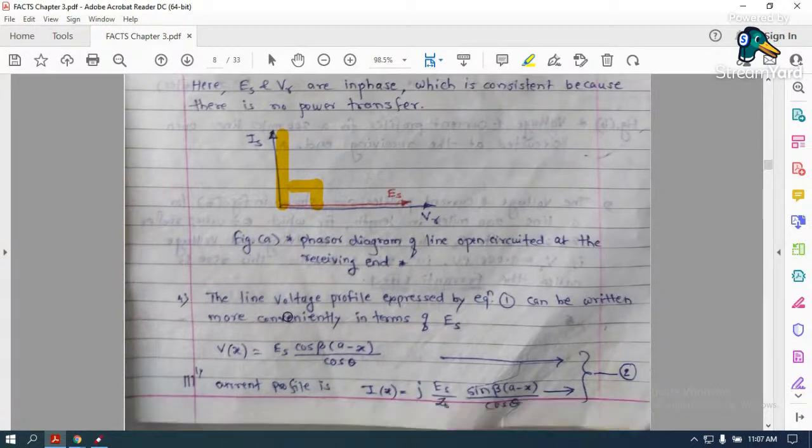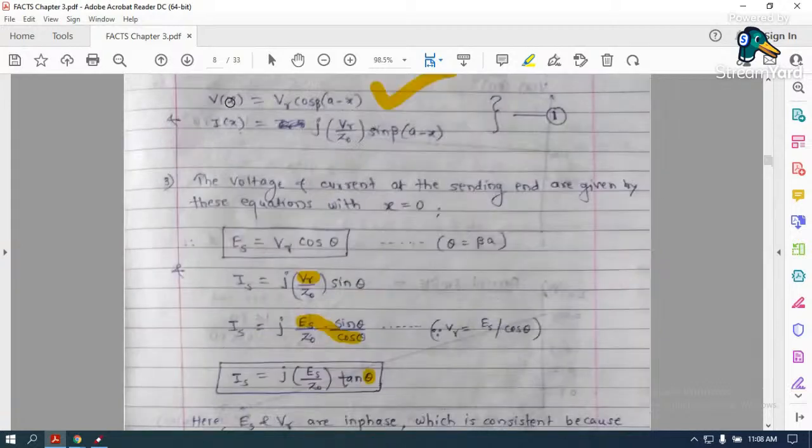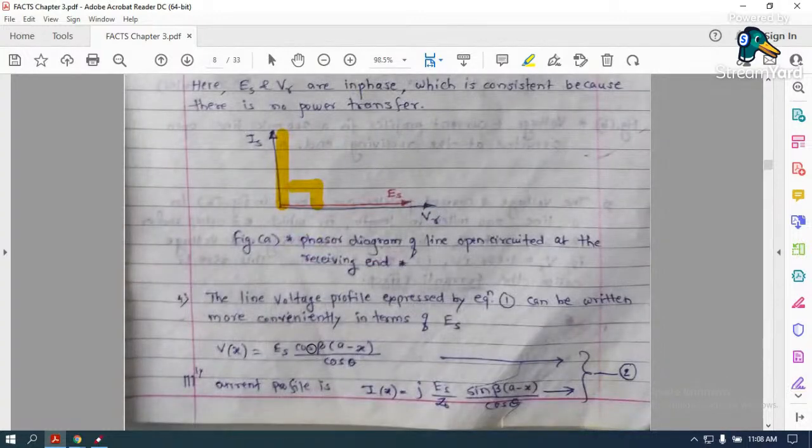Okay, the line voltage profile expressed by equation 1 can be written more conveniently in terms of ES. This V of x can be written as, what is VR? VR is equal to ES upon cos theta. Just put it here: ES upon cos theta, cos beta (A minus x). ES upon cos theta is nothing but VR.